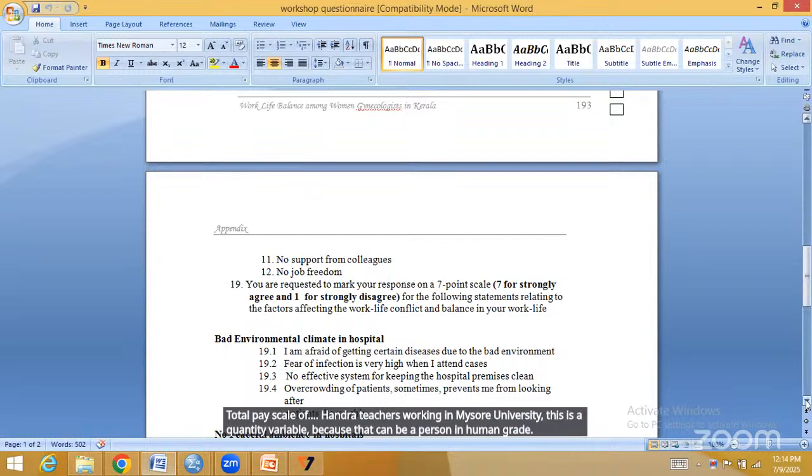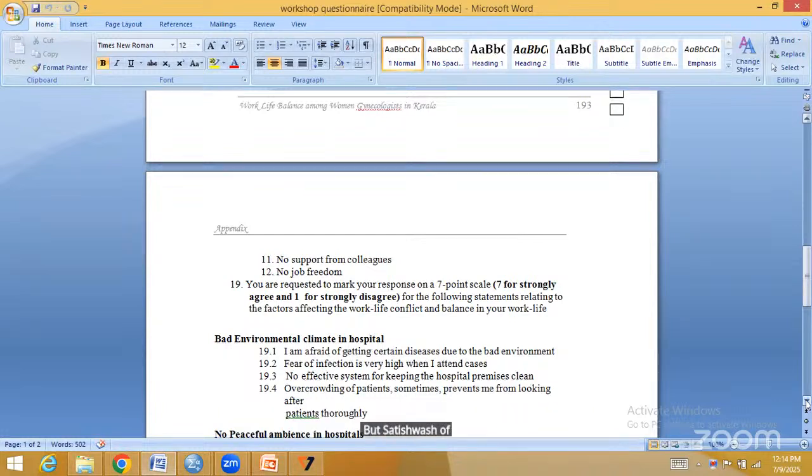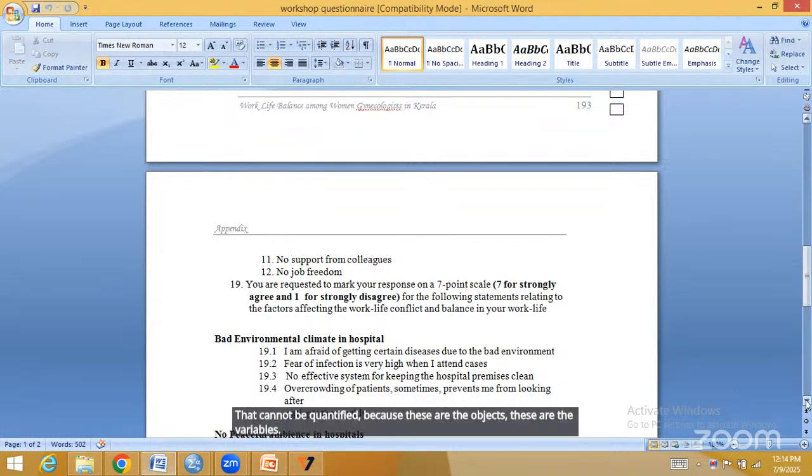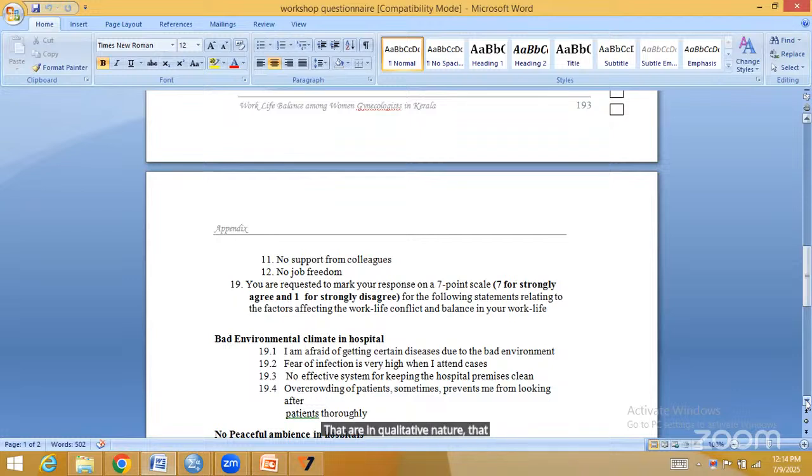But satisfaction of customers, satisfaction of teachers, satisfaction of students, perception of customers, attitude of employees, that cannot be quantified, because these are variables of a qualitative nature that can never be expressed numerically. Theory says like that.